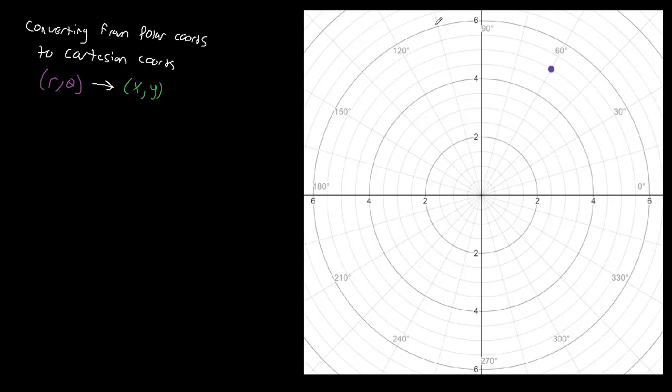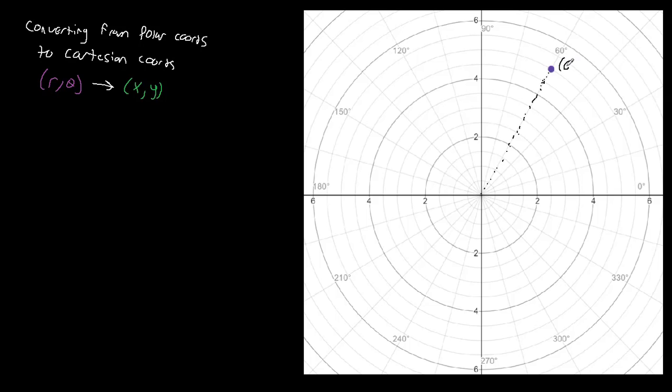So this is our example point right here. What I want to do here is quickly, just for the sake of repetition, figure out what the polar coordinates are at this point. Well, first, we're going to look for theta, and we're going to see that it's on the 60-degree line. So I'm going to draw this line right here, just to show that we are on the 60-degree line.